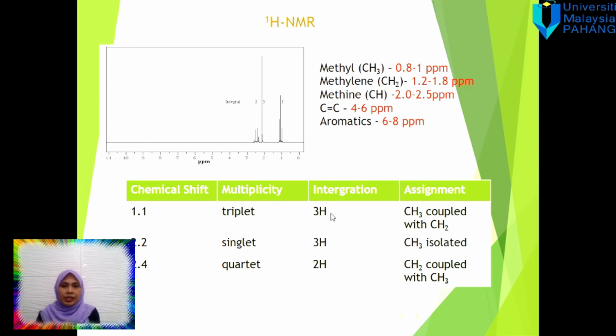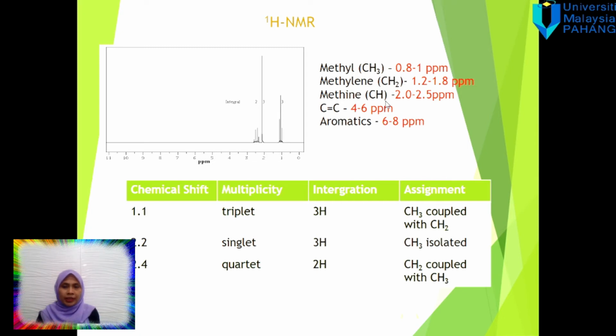If you see the integration is 2H, it means methylene protons are present, that means there's a CH2. If the integration is 1, it is probably a methine, CH. If the integration is 4H, there might be 2 groups of CH2 or 4 groups of CH.